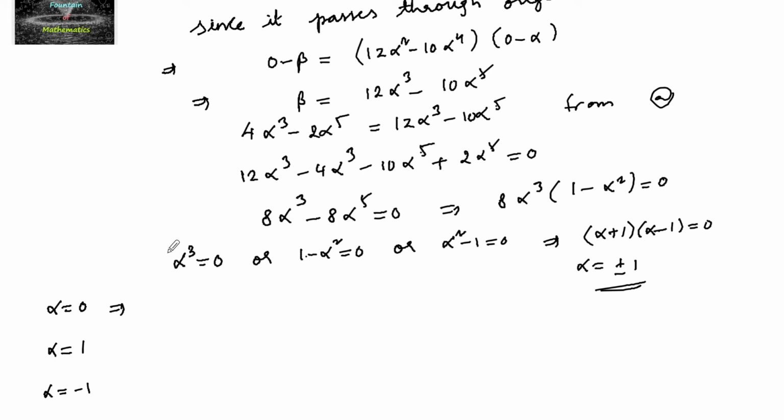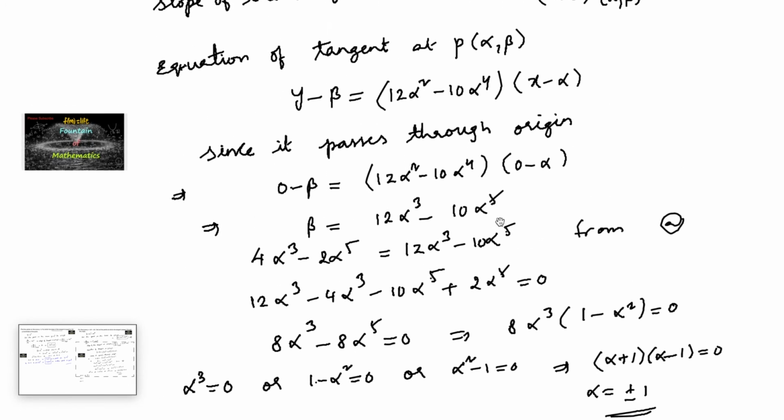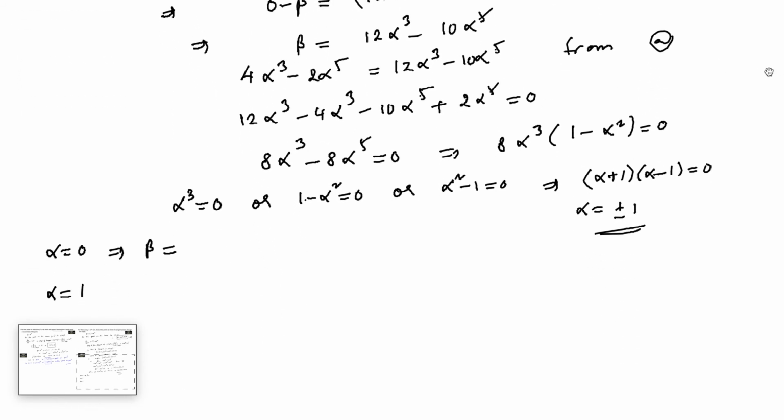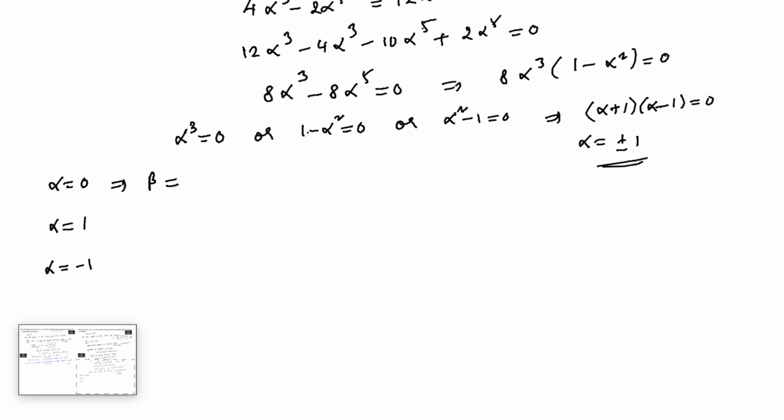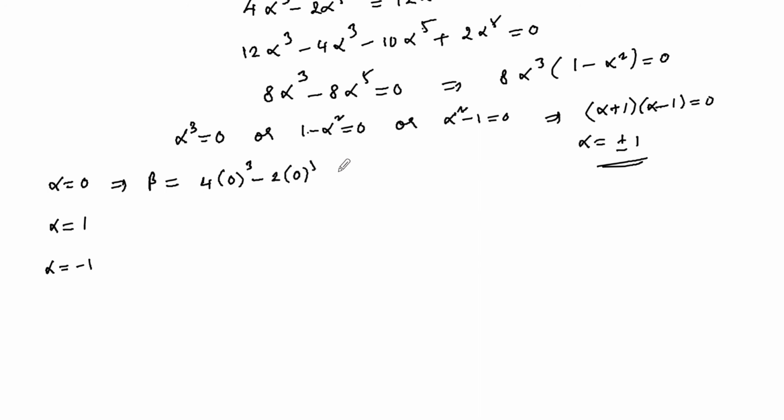When alpha is equal to 0, substitute in the curve equation. From the first equation, beta is equal to 4 alpha^3 minus 2 alpha^5, so 4 times 0^3 minus 2 times 0^5 gives 0.